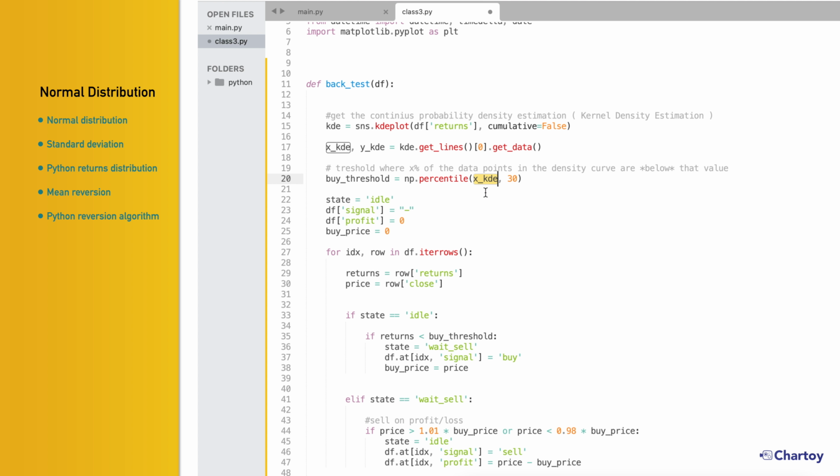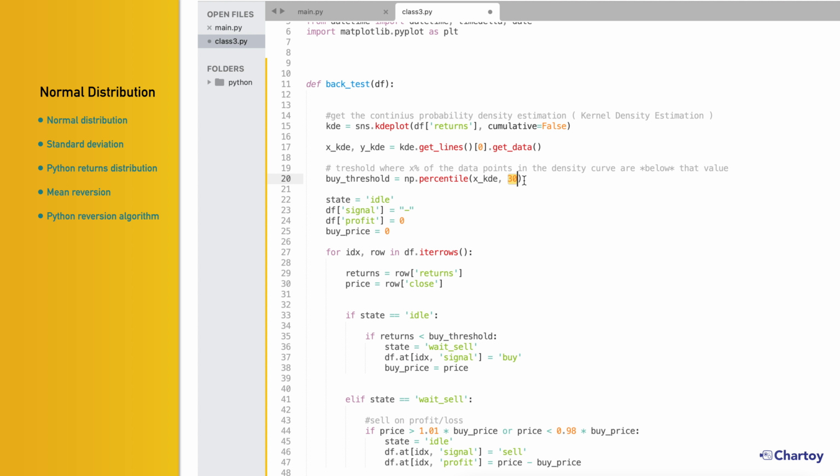Given KDE x, which is the x-axis of our returns distribution, we are going to ask where 30% of the data points in this density curve are below that value, which means we are looking for the point where 70% of the values are higher and 30% of the values are lower, which means somewhere on the left edge of our return distribution.